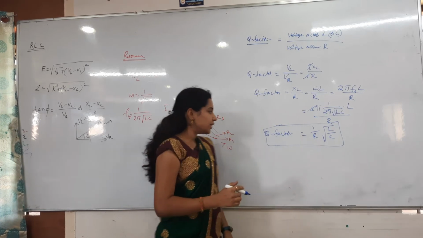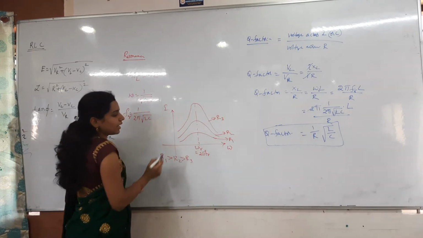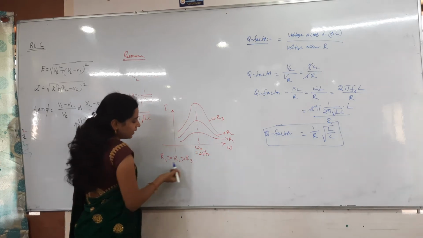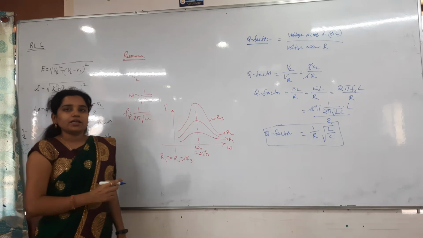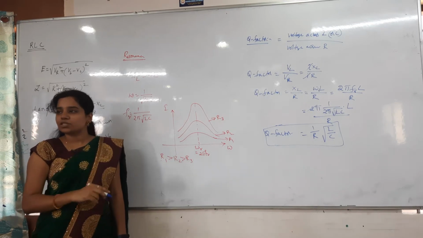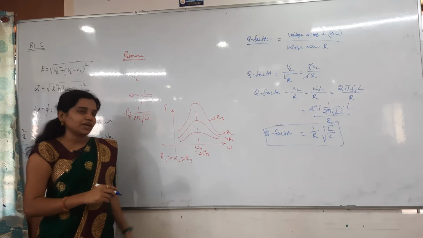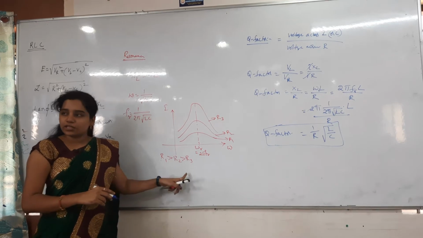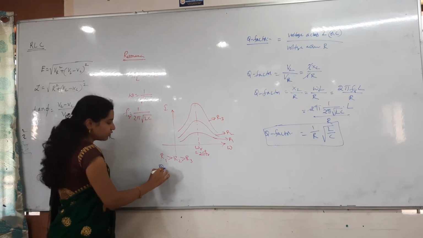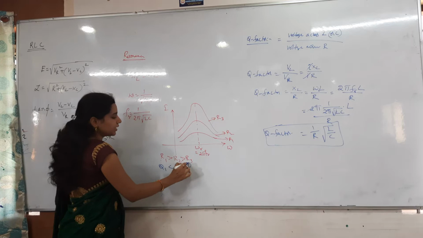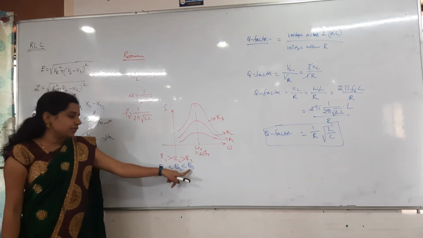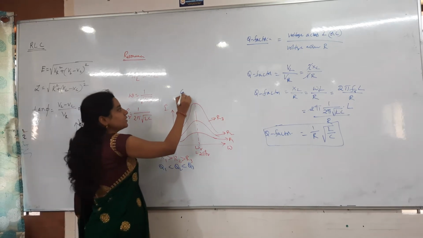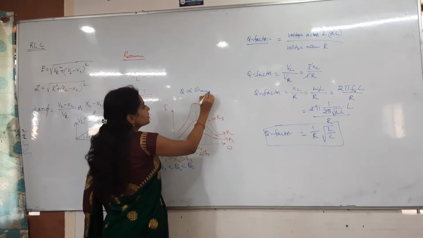The Q factor is inversely proportional to R. Whenever you see this graph, I said that R1 is greater than R2, which is greater than R3. Since Q is inversely proportional to R, for which one is the Q factor more here? For R3 the Q factor is more. So Q1 is less than Q2, which is less than Q3. Q is always directly proportional to the sharpness of the curve.